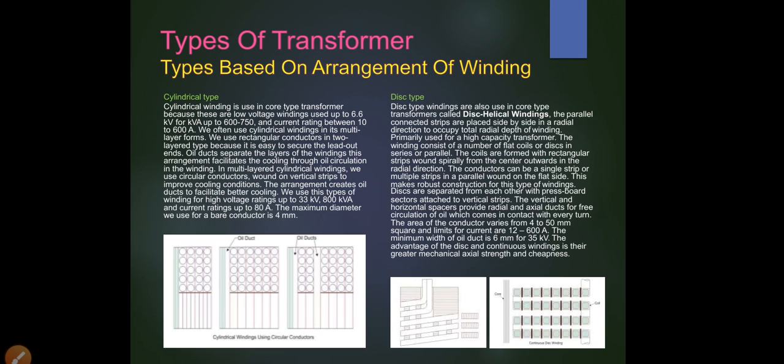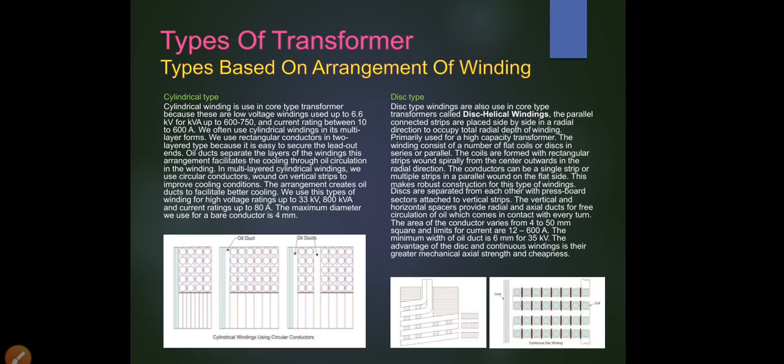So this type of cylindrical winding arrangement is used for high voltage ratings like 33 kV and 800 kVA, with up to 80 amperes maximum.